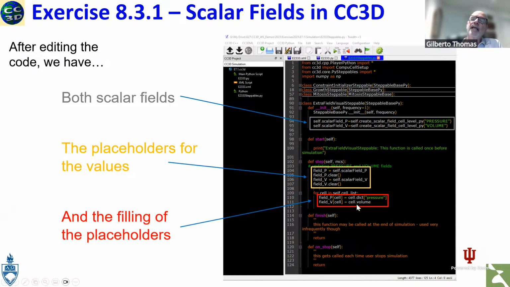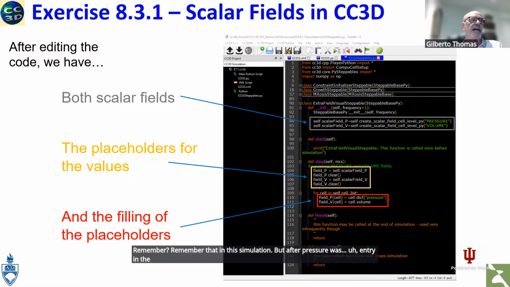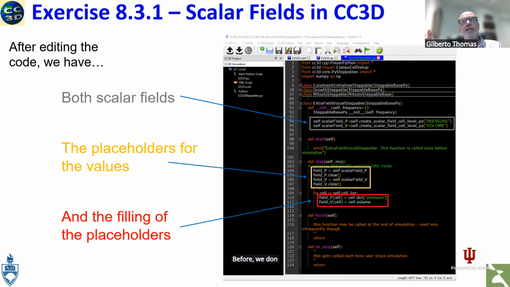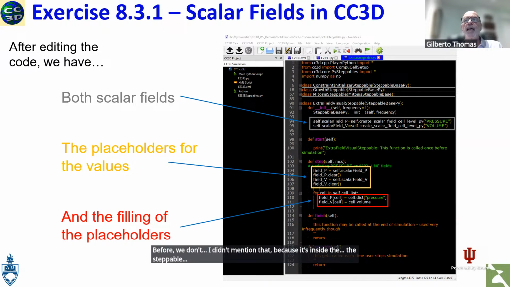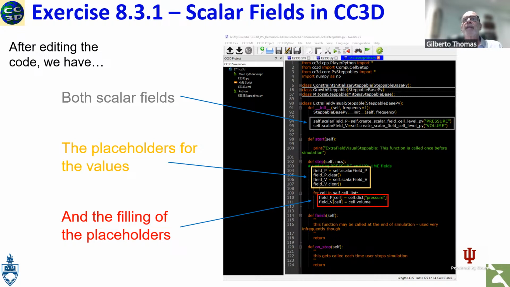Remember that in this simulation, pressure was an entry in the cell dictionary. We did that before. I didn't mention that because it's inside the growth steppable that we have built in the simulation E23 something.